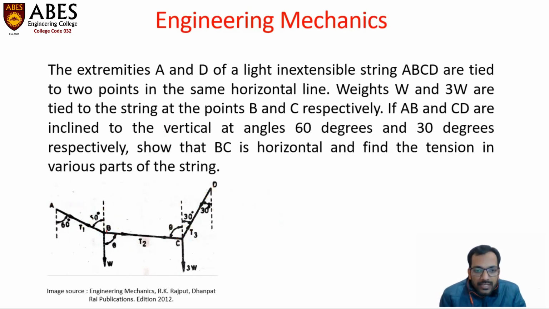First of all, we are going to consider this junction B. We are going to draw a free body diagram of this junction B. So let's start. Suppose this is the junction B, and this force is T1. This force is T1 at an angle of 60 degrees with vertical.